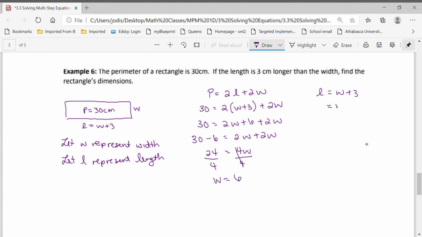So W, we just figured out to be 6, plus 3. So the length is 9 centimeters, and then the width equals 6 centimeters. So therefore, length is 9 centimeters, and width is 6 centimeters. Okay, and that's the end of this nice short lesson.